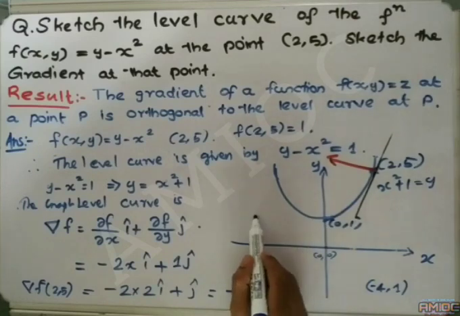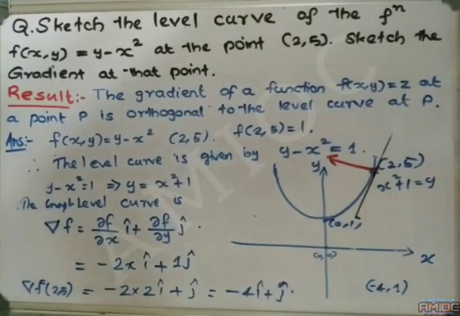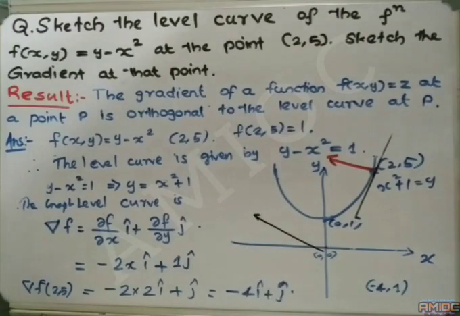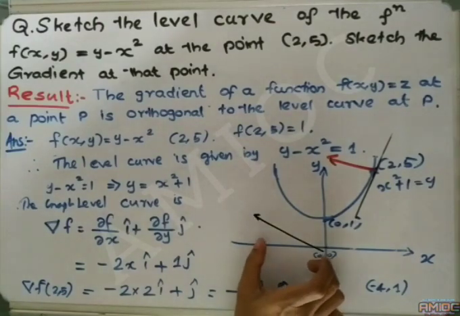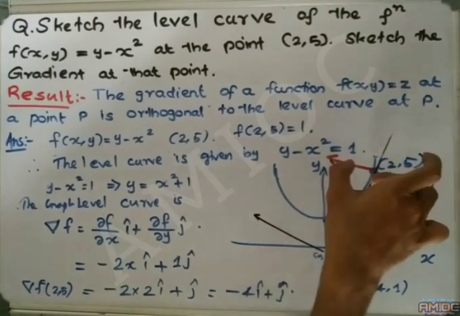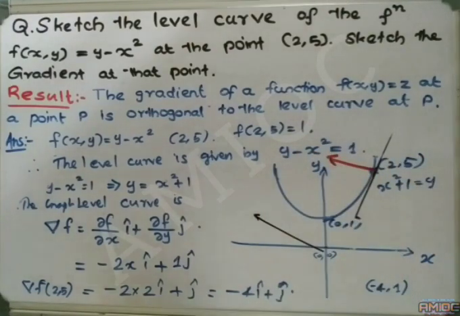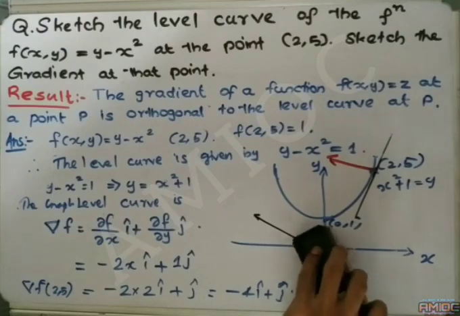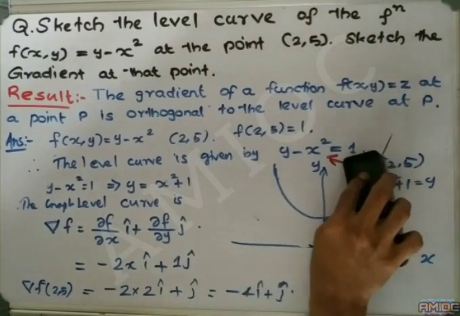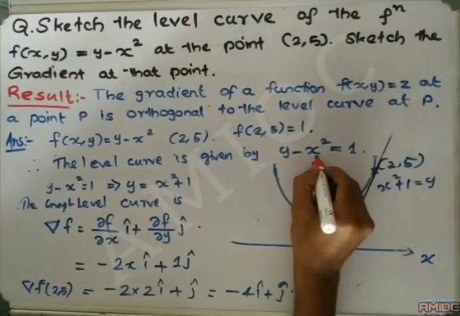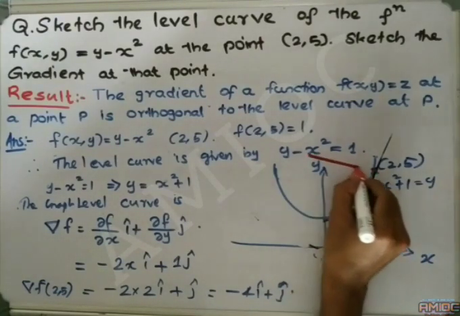Therefore, we will get a vector like this. And translate this vector to the point 2,5. Draw this vector at 2,5, and it will be orthogonal to the level curve. Therefore, we have to plot minus 4i plus j at the point 2,5.